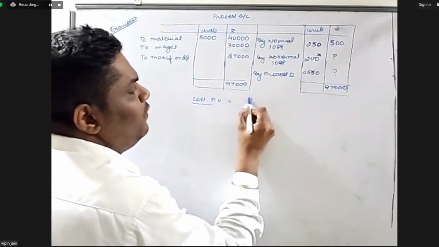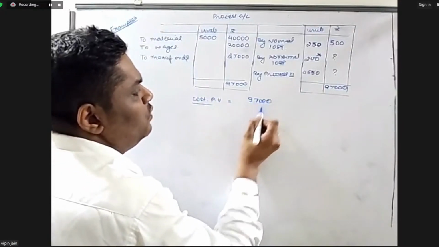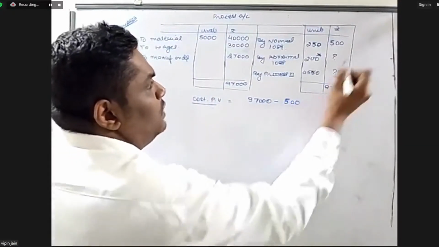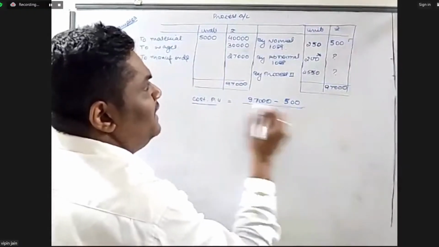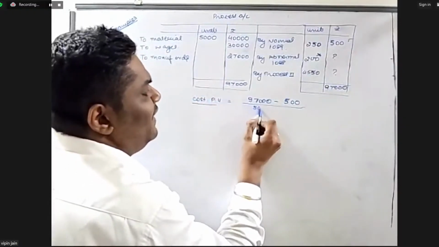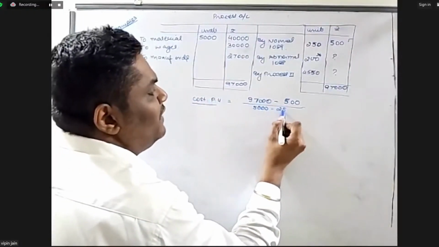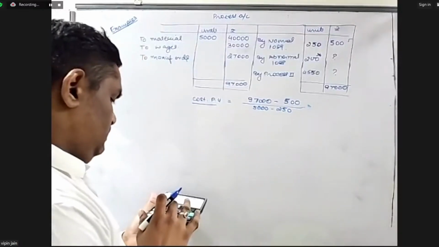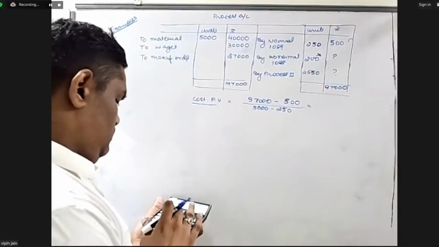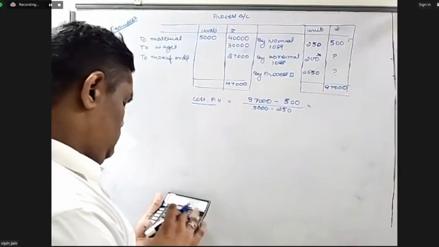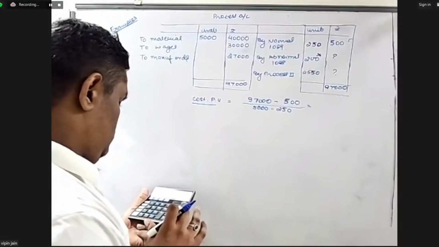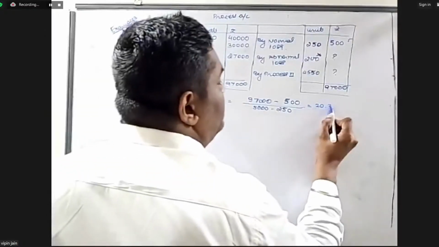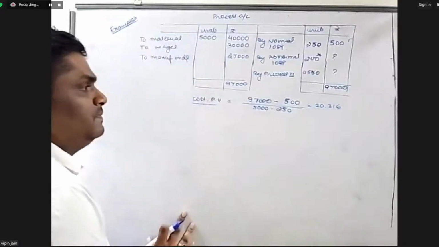When talking about the calculation of cost per unit, 97,000 is the total cost of the process minus the scrap value realized on sale of normal loss units, divided by my expected output, that is 5,000 minus 250. So this will be 20.316.